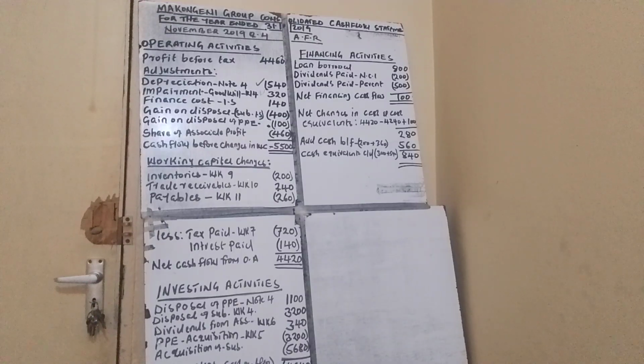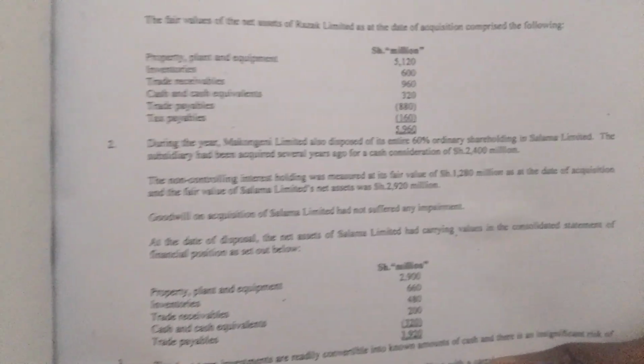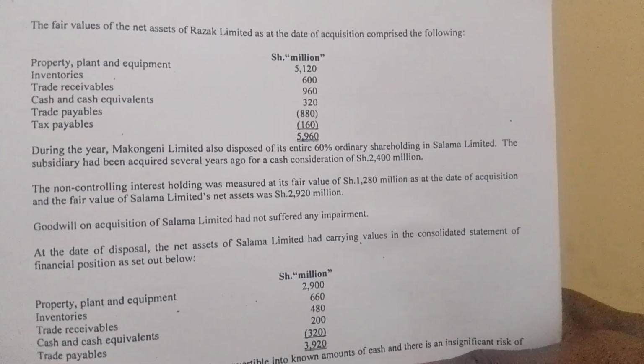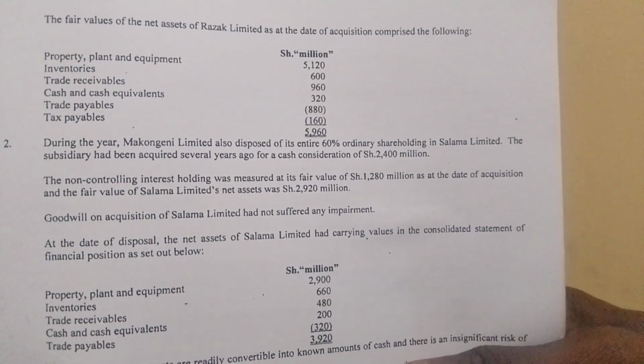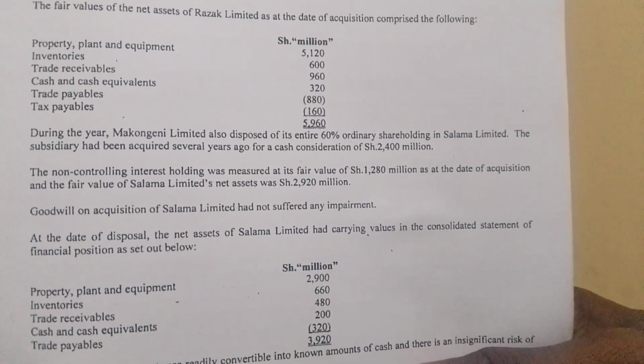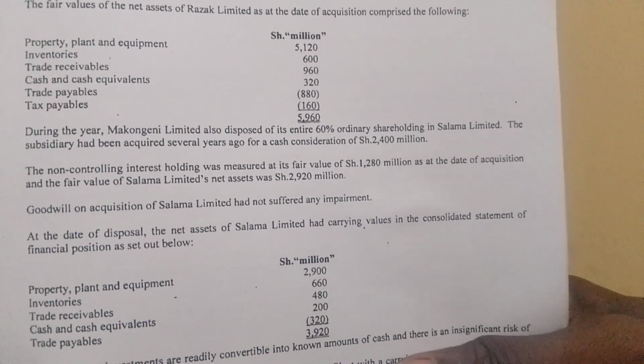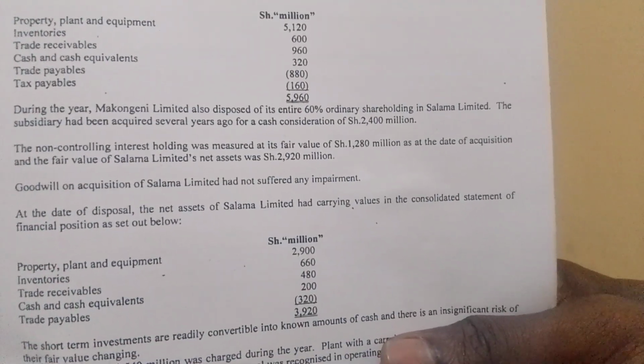You take the purchase consideration paid by the parent, 6,000, plus fair value of NCI, 1360. Then you less the net assets acquired. You can see you are told the fair values of the net assets of Razaka Limited as at the date of acquisition comprised of the following: PP, inventory, trade receivables, cash and cash equivalents, trade payables, and tax payable. 5960.